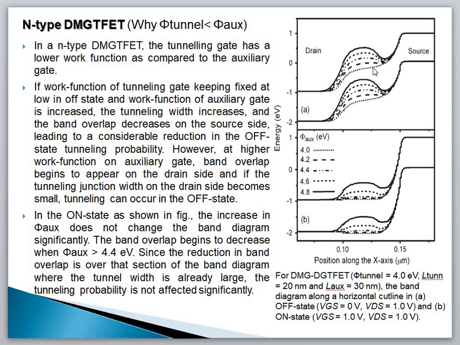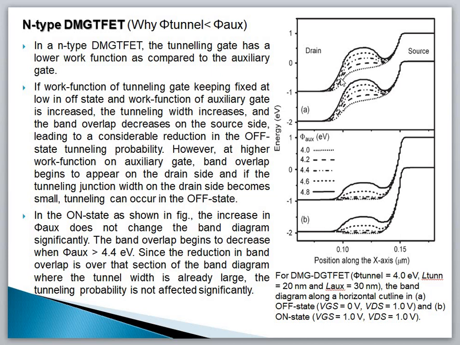When the work function is 4.0 electron volt, the band overlap is more as compared to when the work function at the auxiliary gate is 4.8 electron volt. This will lead to a considerable reduction in the off state tunneling probability and help to improve the off state current. However, at higher work function on the auxiliary gate, band overlap begins to appear on the drain side.